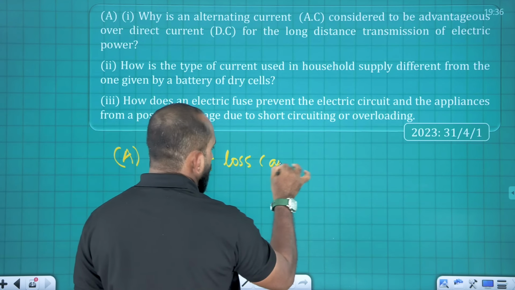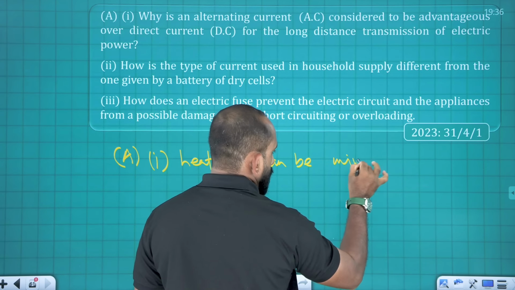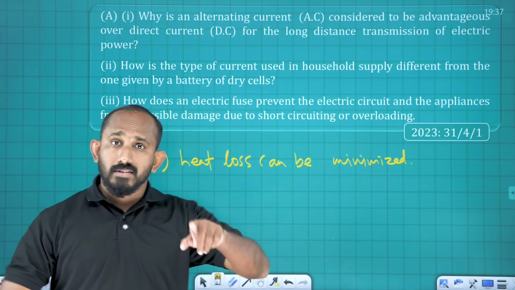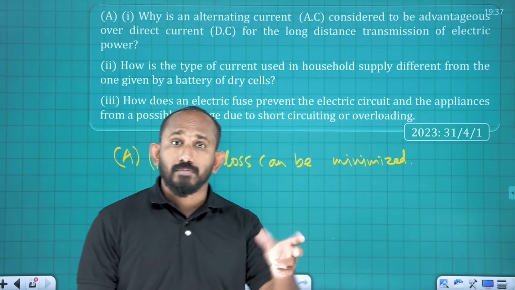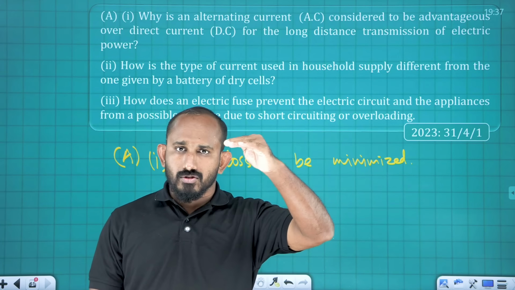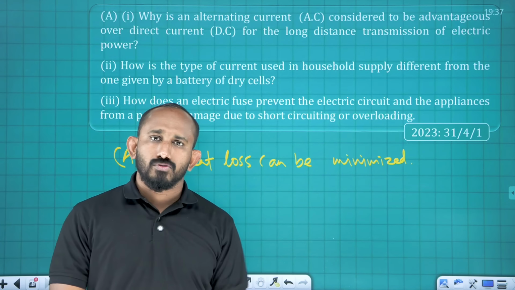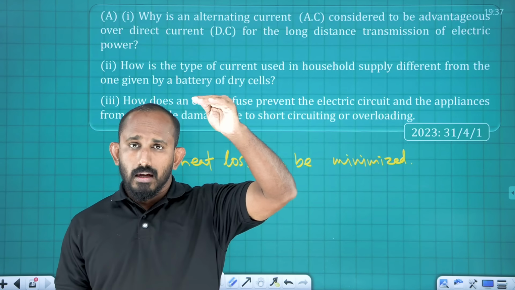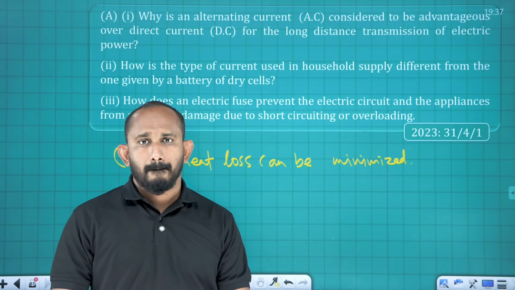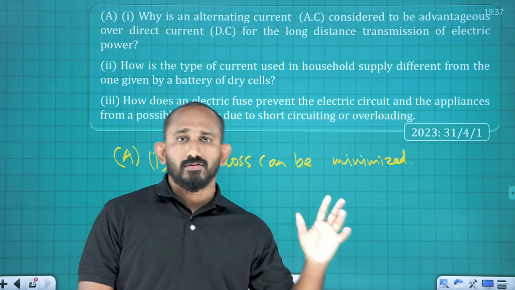Heat loss can be minimized. But in DC, heat loss is maximum. So transmission loss is minimized in AC. AC voltage can be increased by using transformers. So if voltage is increased, as the power is constant, the current decreases. That cannot be done with a transformer with DC.